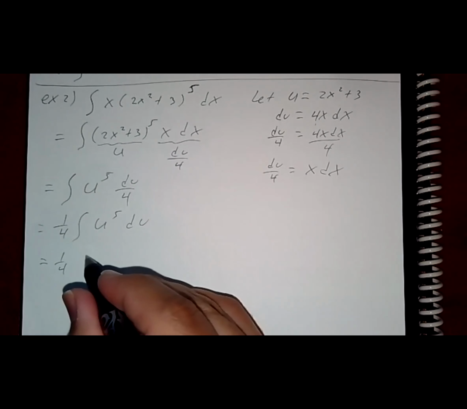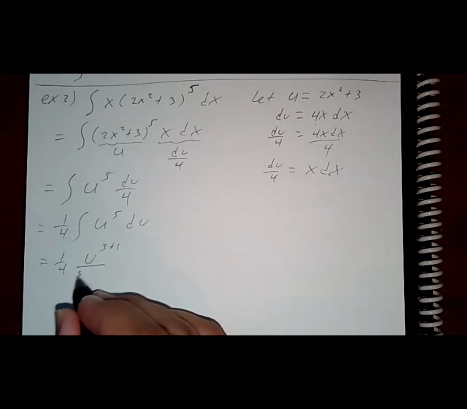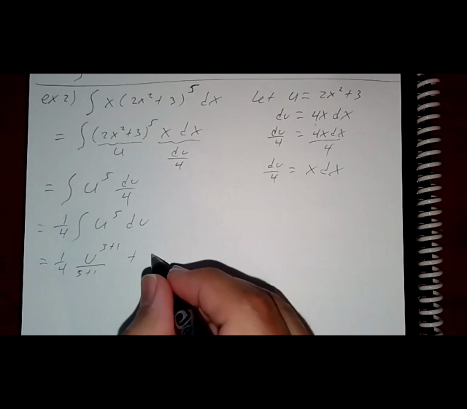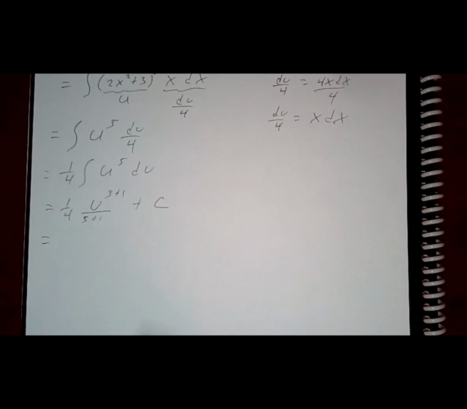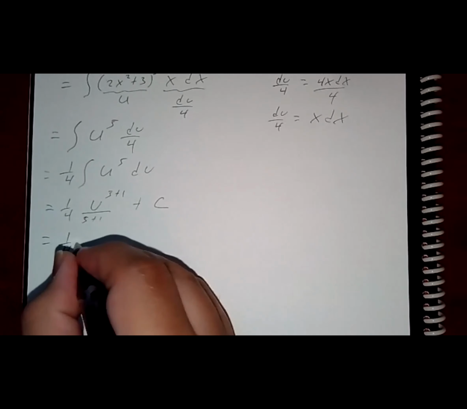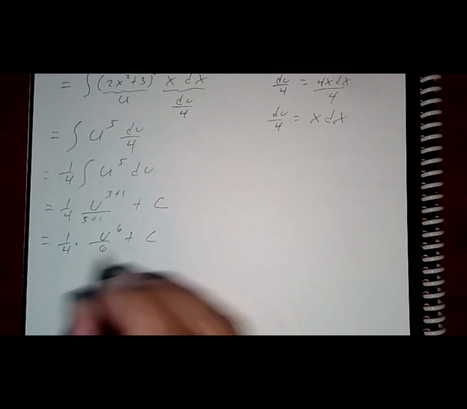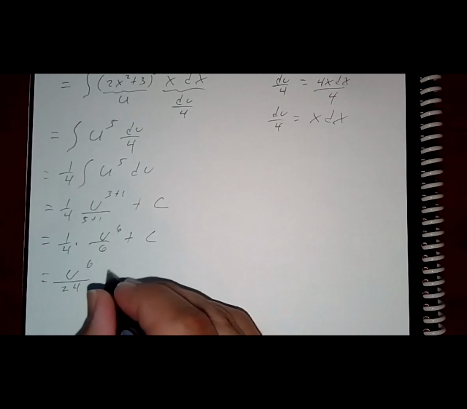This becomes u to the 5 plus 1 over 5 plus 1 plus c. So that'll be 1/4 times u to the 6 over 6 plus c, which would be u to the 6 over 24, right?